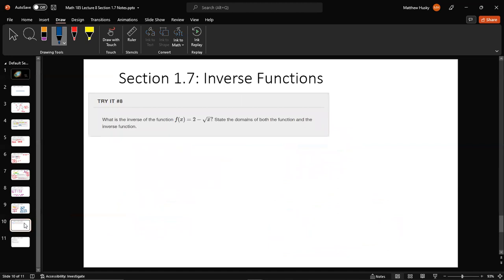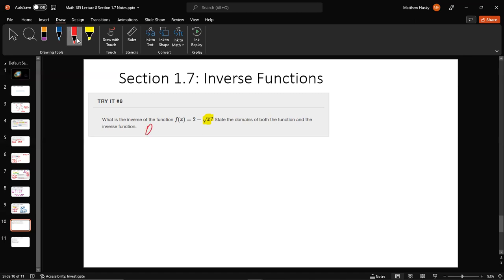What is the inverse of the function f of x equals 2 minus square root of x? State the domains of both the function and the inverse function. Okay, so you can't put a negative number inside a square root.